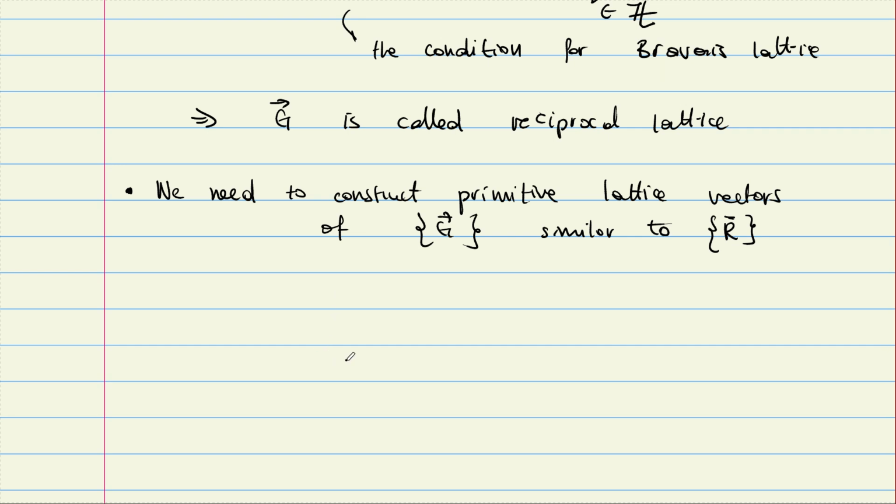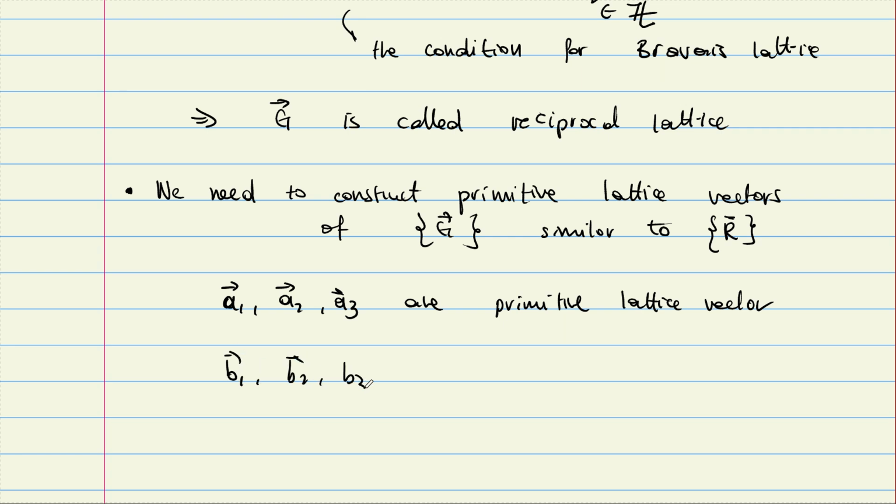So there is a procedure to do this. If you remember, A1, A2 and A3 are primitive lattice vectors, and let B1, B2 and B3 be vectors of the reciprocal lattice.